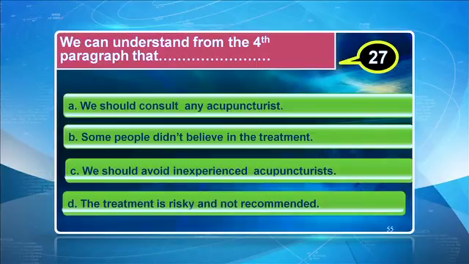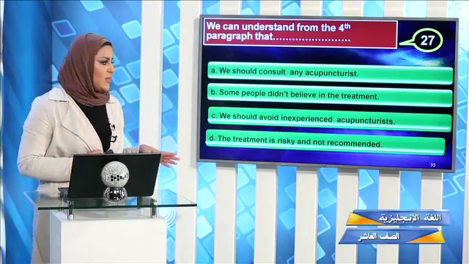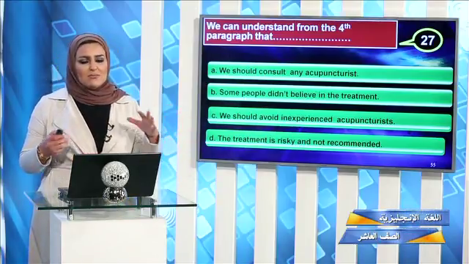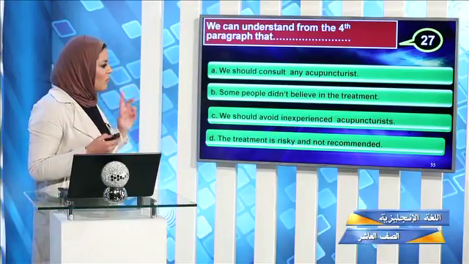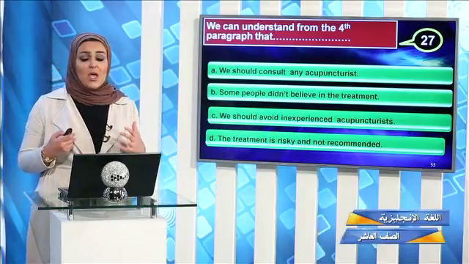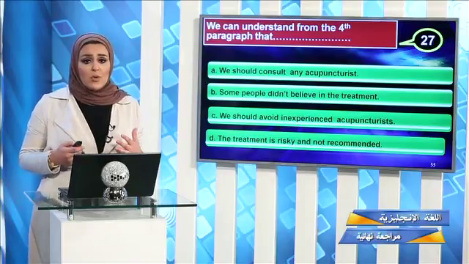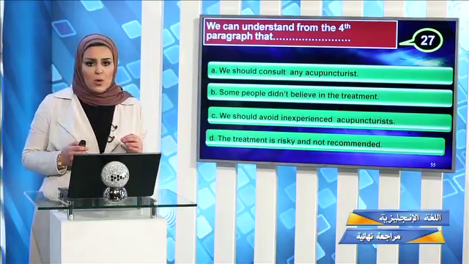So, what do you think from the last paragraph? What do we understand? Some of these actually are not even correct, so you can just directly eliminate these. But then you have some answers that you may think are both correct, but always when you go back to the paragraph and read it more than once, you will make sure what to choose.